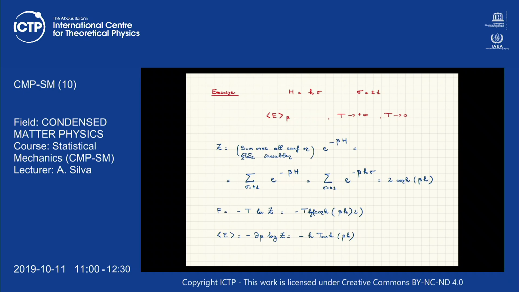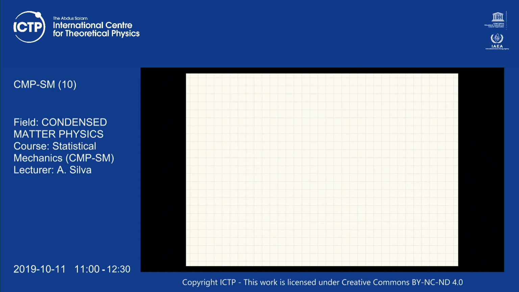Everything is correct, so the first exercise is essentially solved. There is another thing you can perhaps check, which is the magnetization. Magnetization is dF/dh, and this comes out to be equal to minus the tangent hyperbolic of beta h.